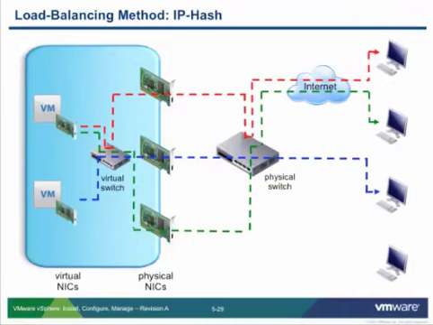Now, when a virtual machine communicates with the outside world, to different clients or different machines externally, the traffic, as we're seeing in this particular example, may go out different network interface cards. And again, this is only outbound traffic that it can control. So traffic from those clients may very well come in on different adapters altogether, and thus the need for the EtherChannel or LACP protocol being supported.